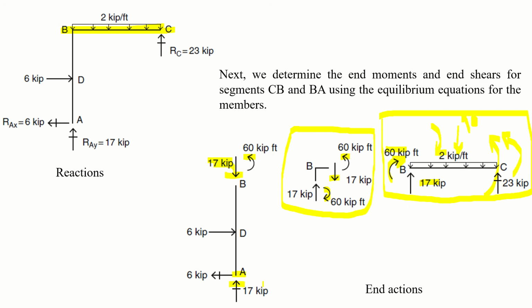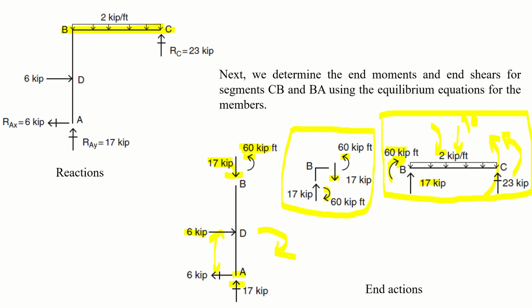Now what about the bending moment? See, there is a constant bending moment of 60 kip feet, right? And here a force of 6 kip is acting at a distance of 10 feet. So 6 into 10 feet in the clockwise direction and this 60 in anti-clockwise direction.